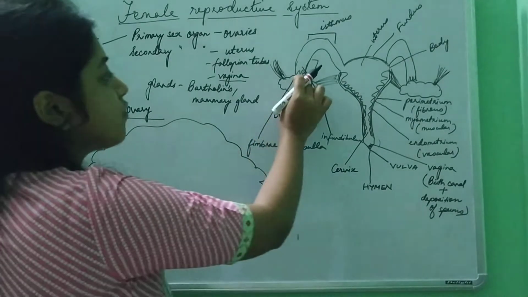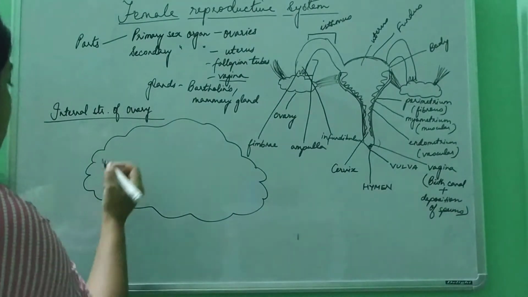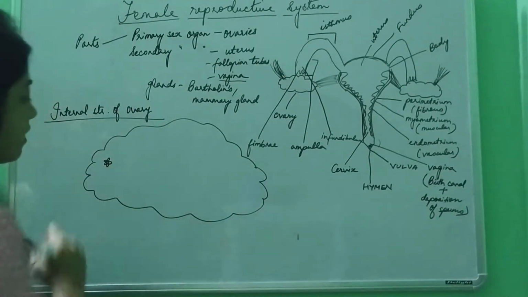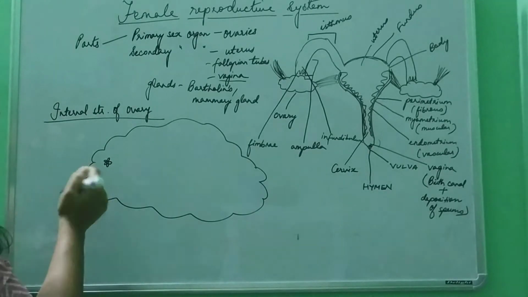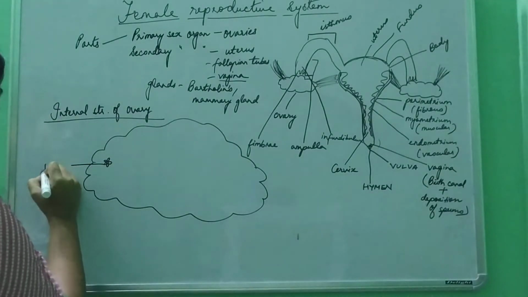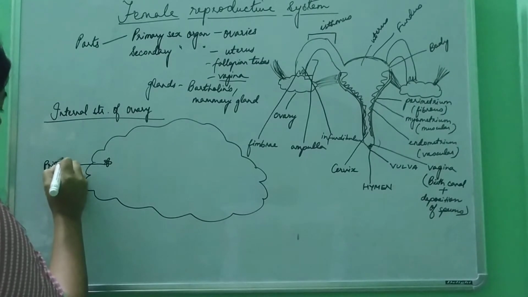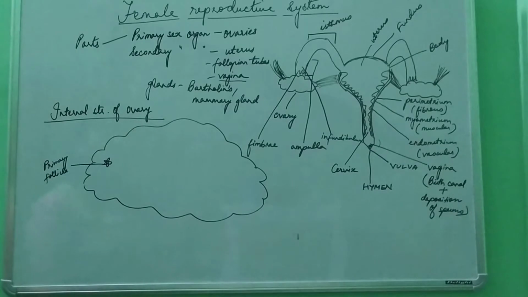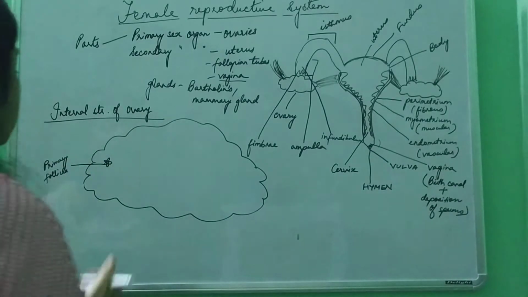Once the egg is formed in the ovary, it will be surrounded by certain follicles like this. So this is known as the primary follicle. Okay, this is the primary follicle.